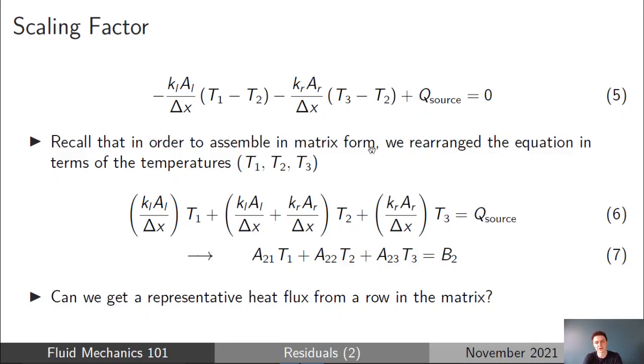So we moved from equation 5 to equation 6 and collected all those coefficients. And then the kA over delta X's became the coefficients of the A matrix, and the T's are just the temperatures for the temperature vector. So it's clear that we're quite close, and we just need to be careful about how we pull those coefficients out, and we might be able to get a representative heat flux from them.